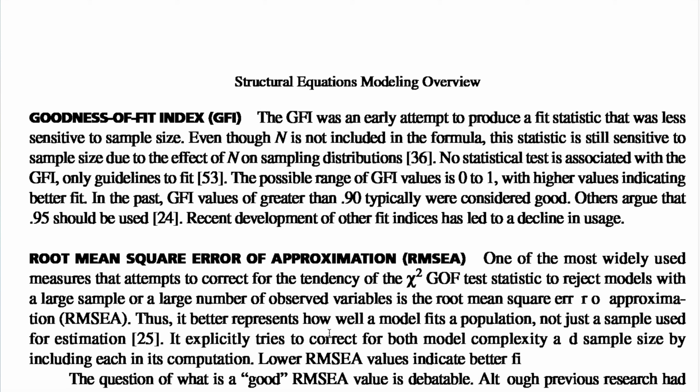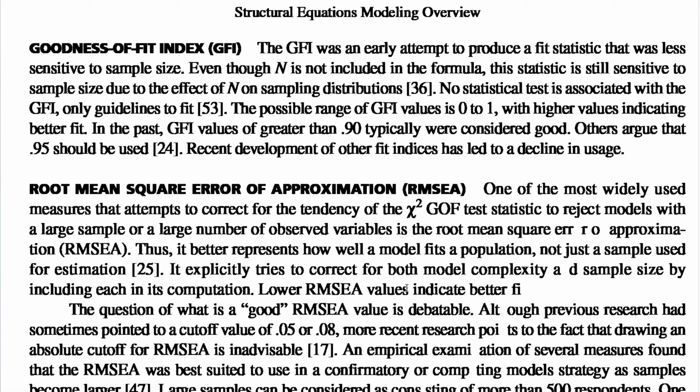The possible range of GFI values is 0 to 1, with higher values indicating better fit. In the past, GFI values greater than 0.90 typically were considered good. Others argue that 0.95 should be used. Recent development of other fit indices has led to a decline in its use.